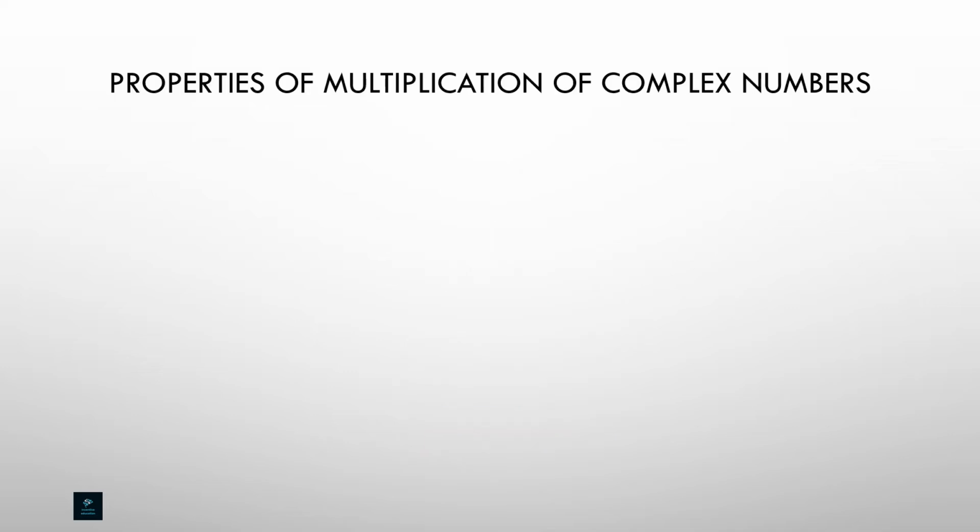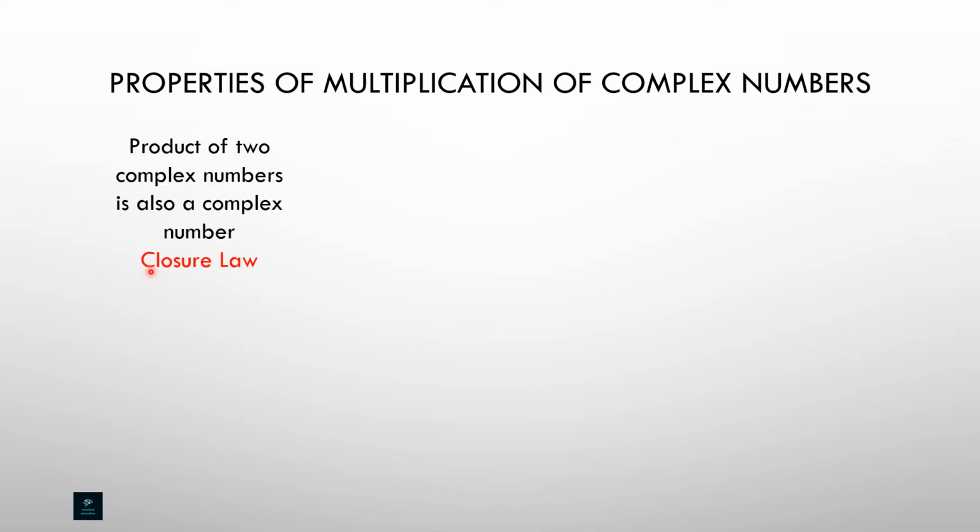Now there are some properties of multiplication of complex numbers which we should learn. The first one is the closure law, which says that the product of two complex numbers is also a complex number. Next one is the commutative law, which says that when multiplying two complex numbers, their order is not important.